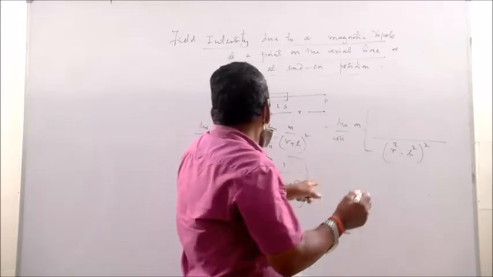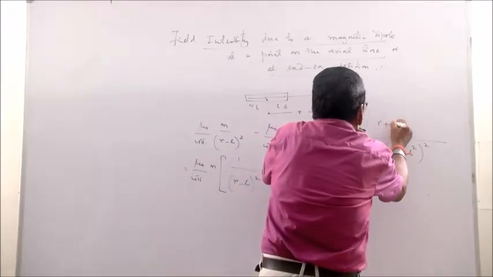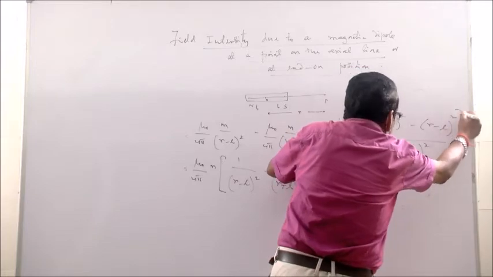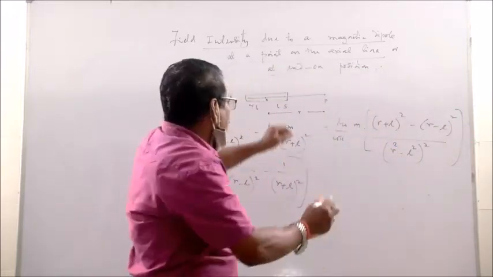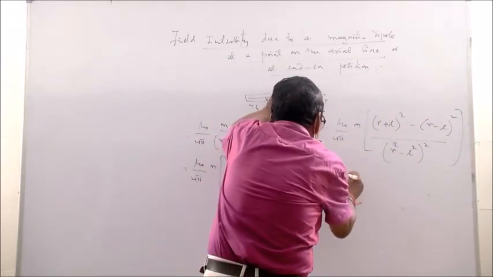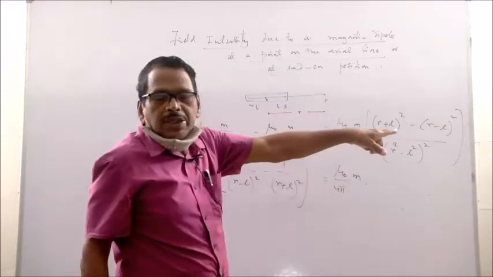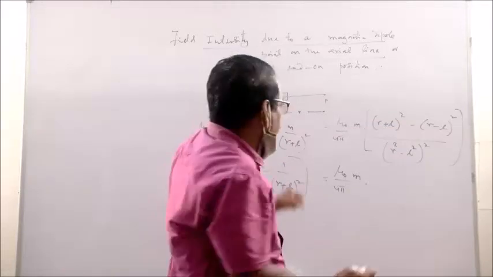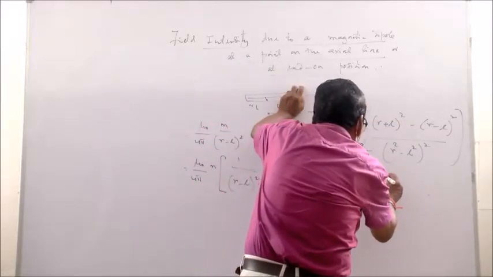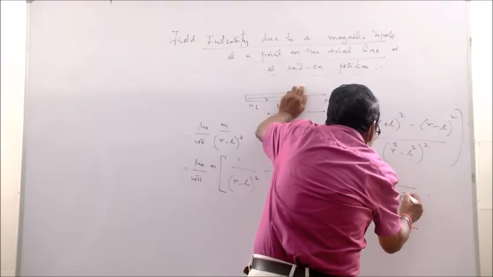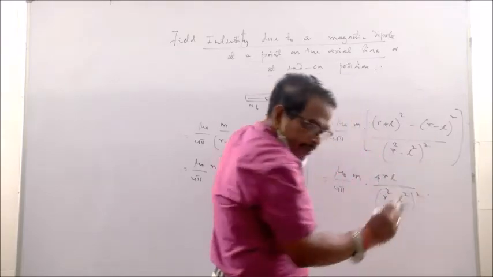The numerator is (r plus L) whole square minus (r minus L) whole square. That is equal to mu 0 by 4 pi m, and (a plus b) whole square minus (a minus b) whole square is 4ab. You have to remember these things, these are all taught in schools. So this is 4rL by (r square minus L square) whole square.